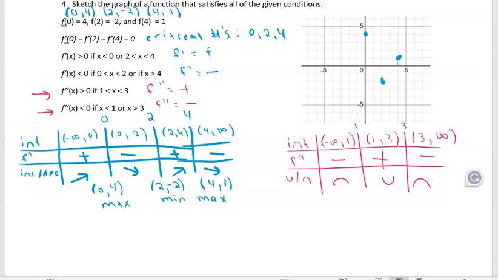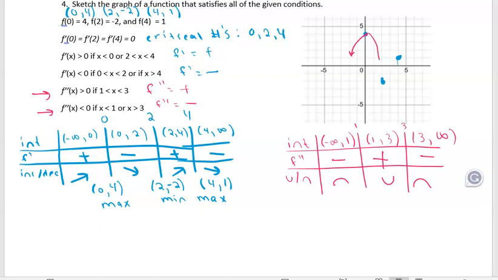So while it was very indirect, we were given quite a bit of information here to let us fill in our first derivative and our second derivative charts. And if we can do our charts, we can do our tests, which means we can draw our graph. So let's see what we can do here. This is supposed to be a max right here at 0, 4. It is going to be increasing into it, so that's going to look like this.